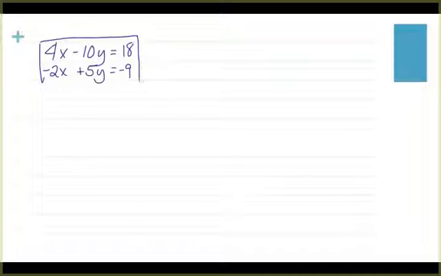Next example. 4x minus 10y equals 18, and negative 2x plus 5y equals negative 9. There's my original equations.